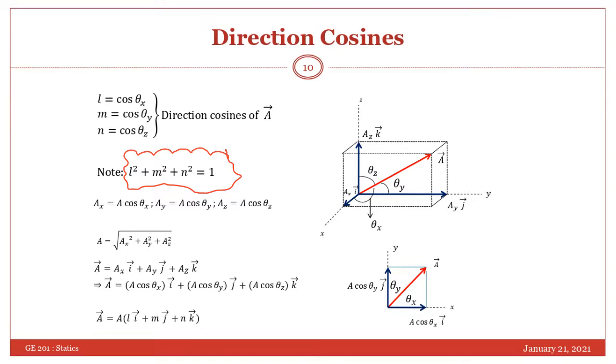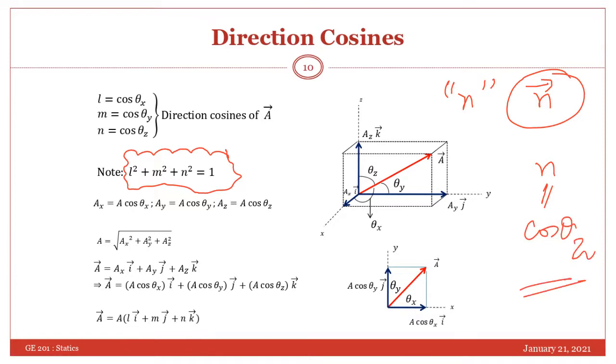For example, if you know cosine theta x, that is L, and cosine theta y, that is M, then you can get cosine theta z by this expression. Keep in mind, here N we are using for direction cosine, which might be confusing because N we also use for unit vector. So you have to see the context, whether we are talking about direction cosines or the unit vector, because generally vector n we use for unit vector and only N we use for cosine theta z, that is direction cosine.